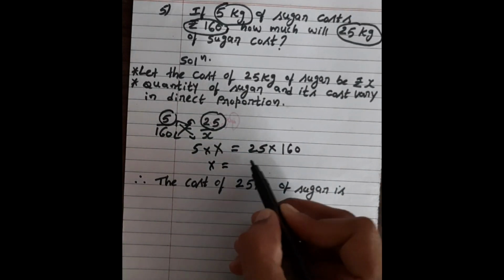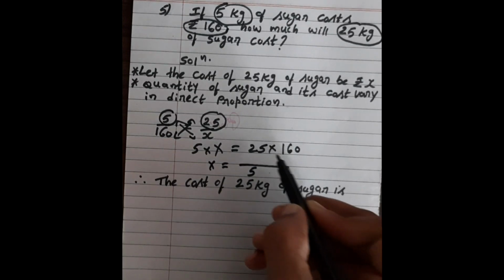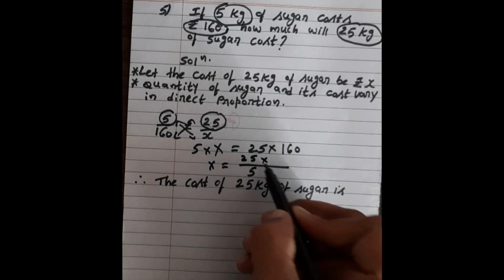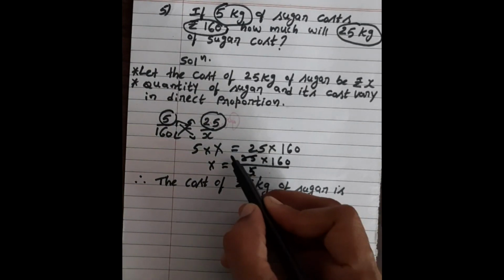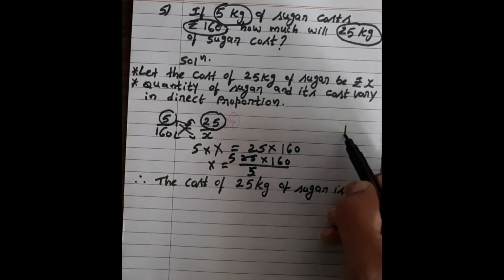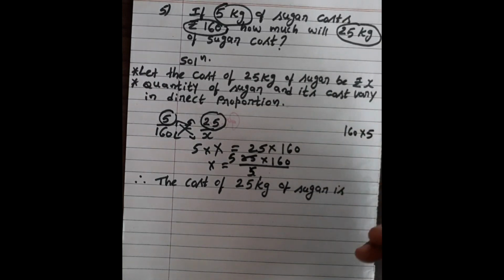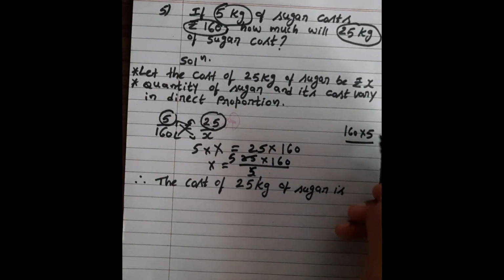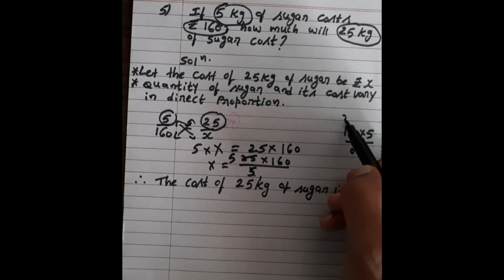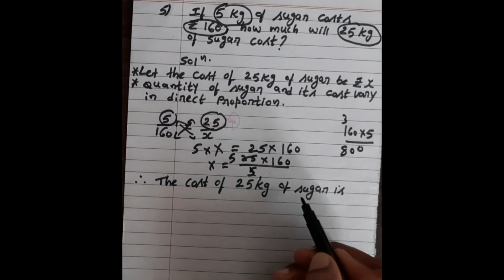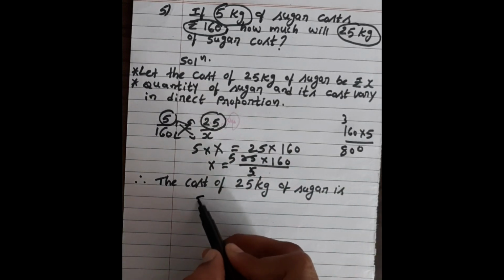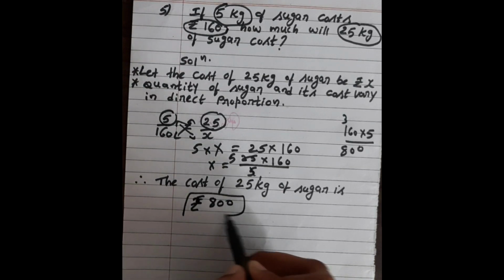So X we will write here, 5 will come in the denominator place, 25 into 160. 5 1s are 5, 5 5s are 25, 160 into 5 we have to multiply. 5 zeros are 0, 6 5s are 30, 3 is remaining, 5 1s are 5 plus 3, 8. So 25 kg sugar cost is rupees 800. Okay.